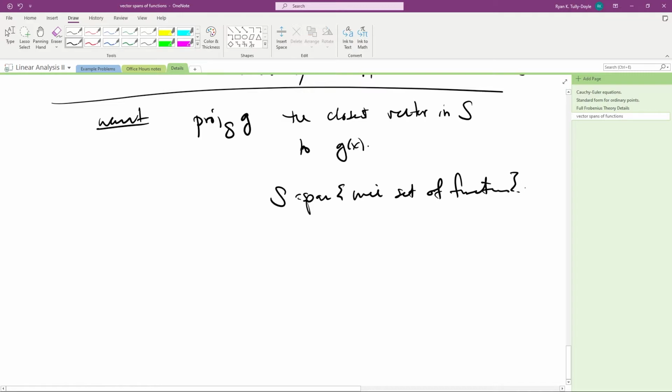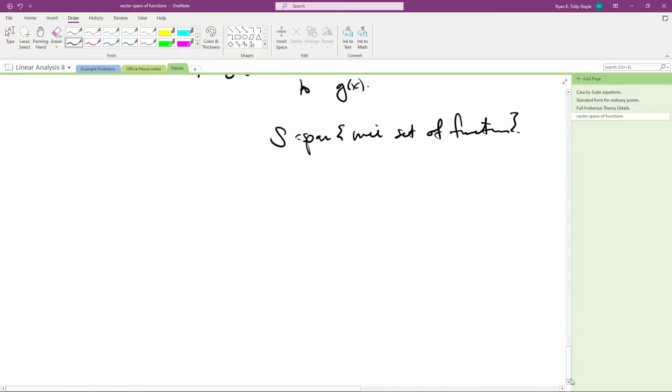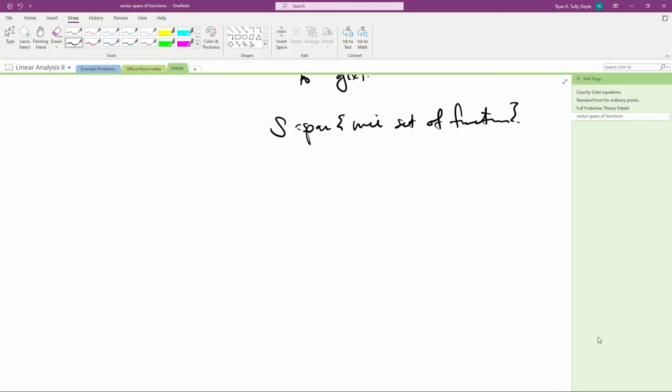I would like that idea to still work if I'm thinking about functions. I want to get rid of nasty functions and replace them with linear combinations of nice ones. Okay. What machinery would I set up to do that? Well, the natural machinery that you would set up would be exactly the dot product that we've already defined.